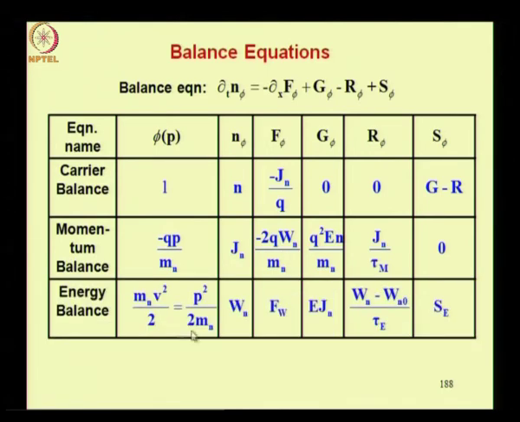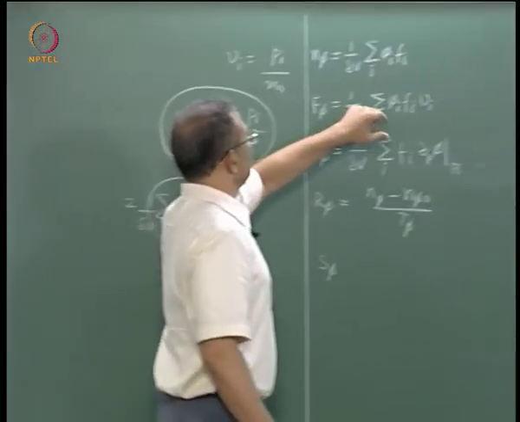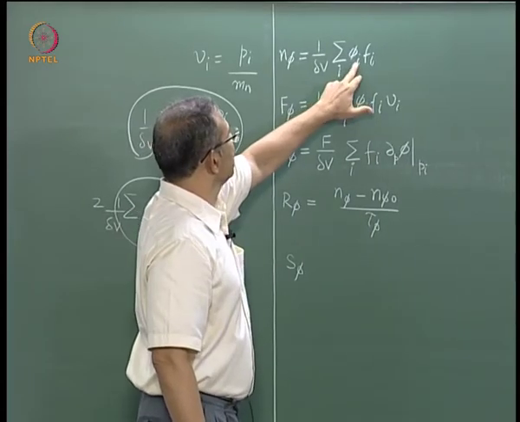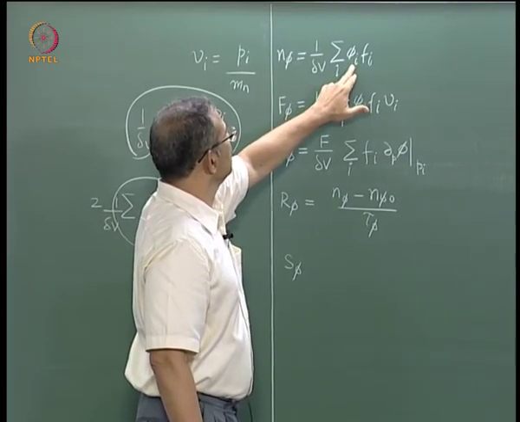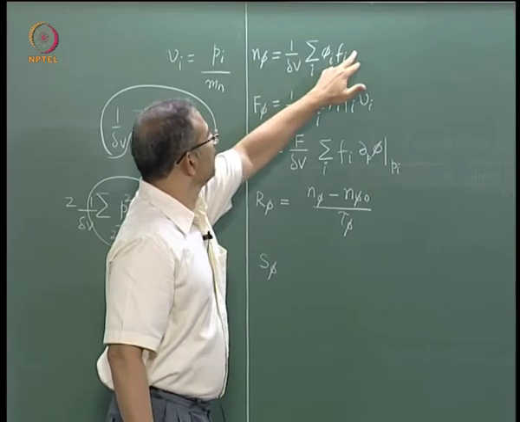This is what is shown here. You get the energy balance equation by choosing phi p equal to p square by 2 mn, that is the kinetic energy. Then the left hand side n phi becomes Wn. That is very easy to see. If you choose phi as p square by 2 mn, this quantity becomes Wn.